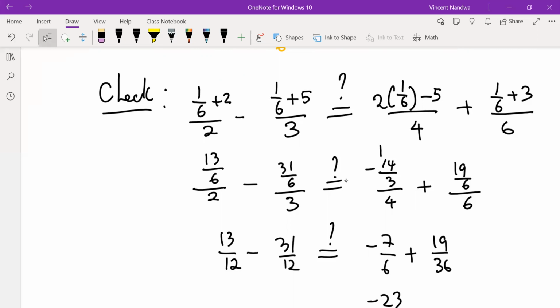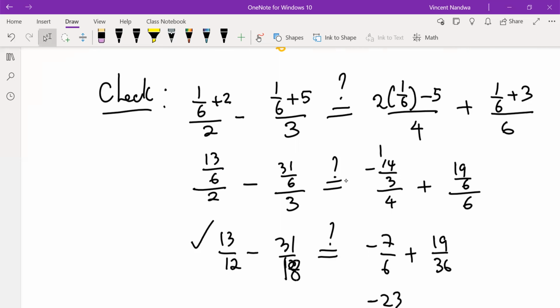Then 1 over 6 plus 2 divided by 2 gives 13 over 12, that's fine. Then 1 over 6 plus 5 divided by 3: yeah, this will be 31 over 18, not 12.